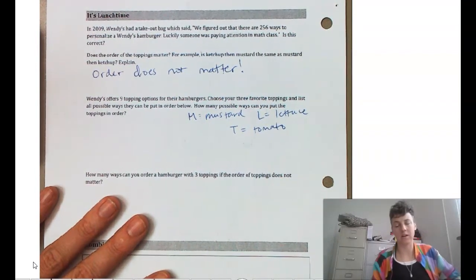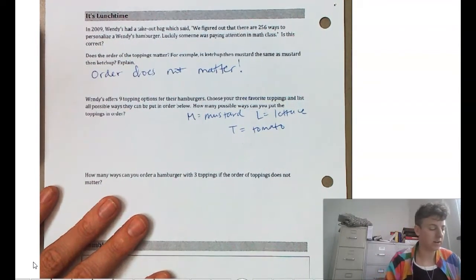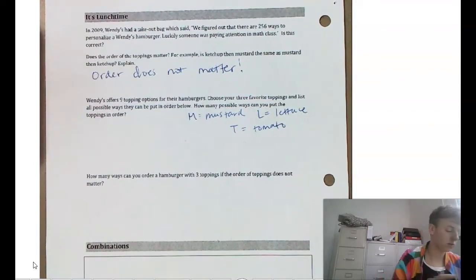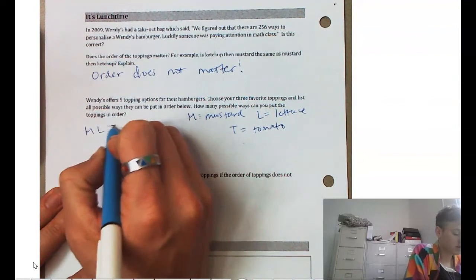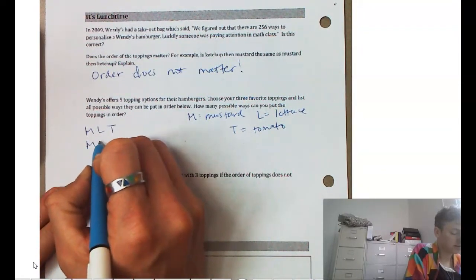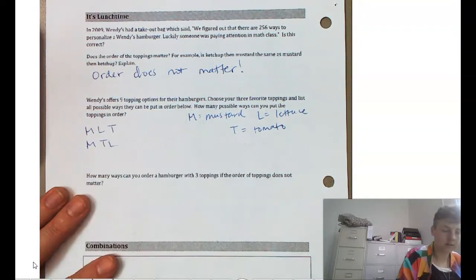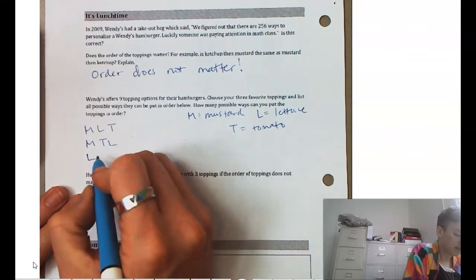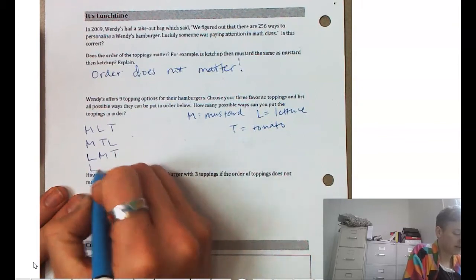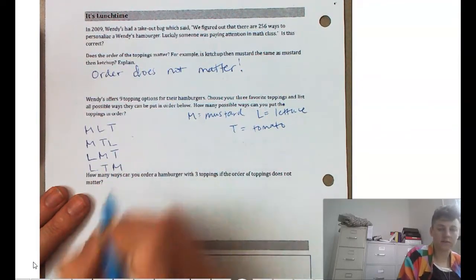We just said order doesn't matter, but I want to figure out the possible ways we could put those in order. So I could do mustard first, then lettuce, then tomato. I could do mustard first, then tomato, then lettuce. I could do lettuce first, then mustard, then tomato. I could do lettuce first, then tomato, and then mustard.